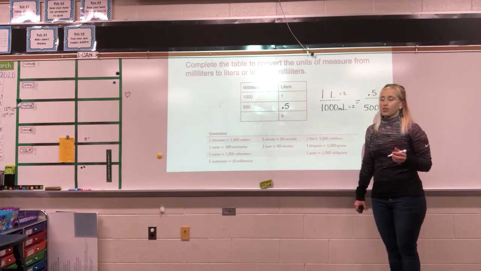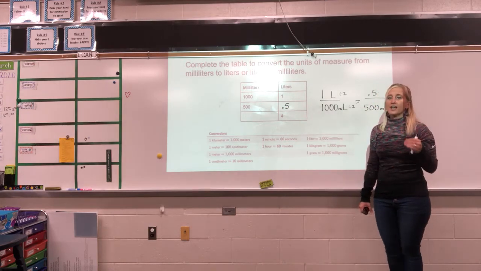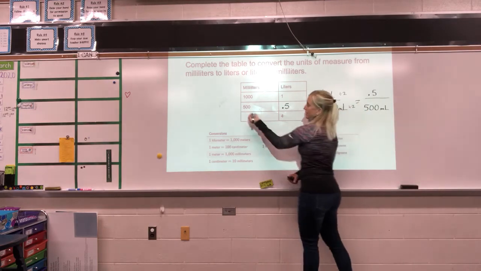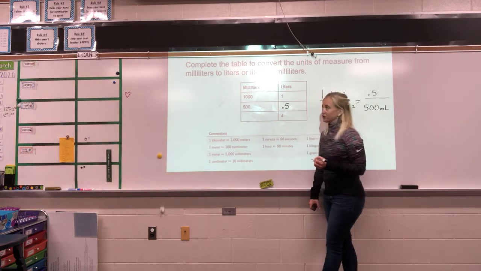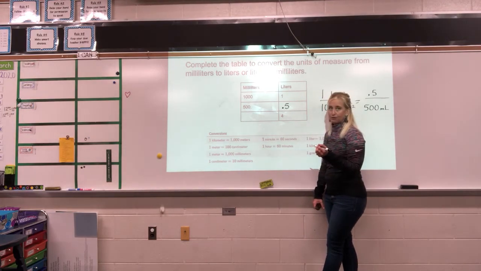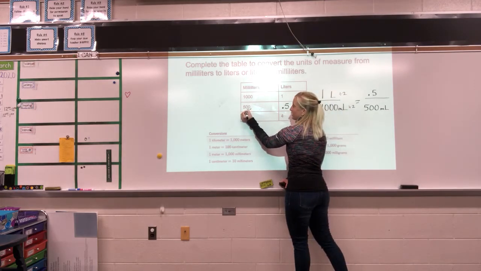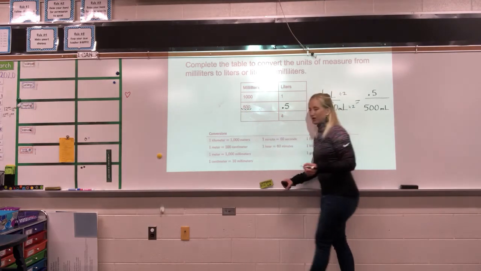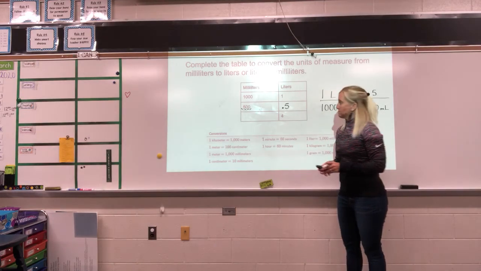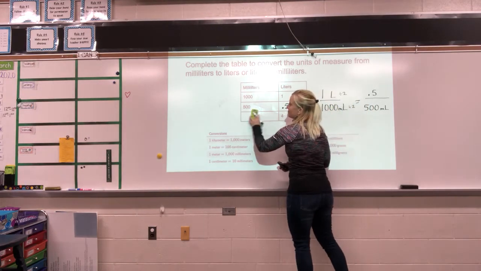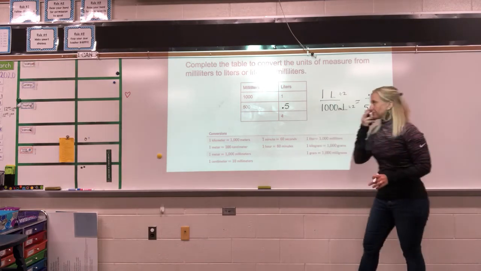Now, the other thing that they talk about is that you can just look at moving the decimal. And really the decimal in 500 is here. So if you want to move that decimal in 500 to liters, you're going to move it 3 times. 1, 2, 3, and that would also give you decimal 5, because you're dividing it by 1,000.